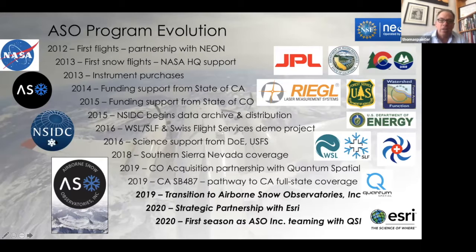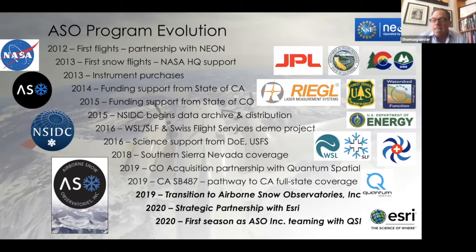We added basins in Switzerland and expanded in the Southern Sierra. And an exciting development was the California Senate Bill 487, which was the original pathway to the full state coverage for the program. And that was going to run from the Kern, all the way north up to the Sacramento and then across to the Trinity.